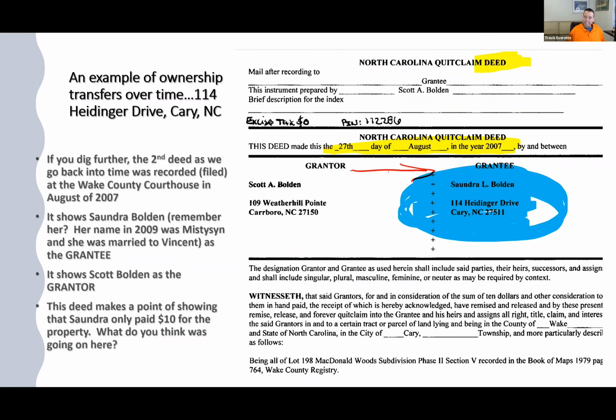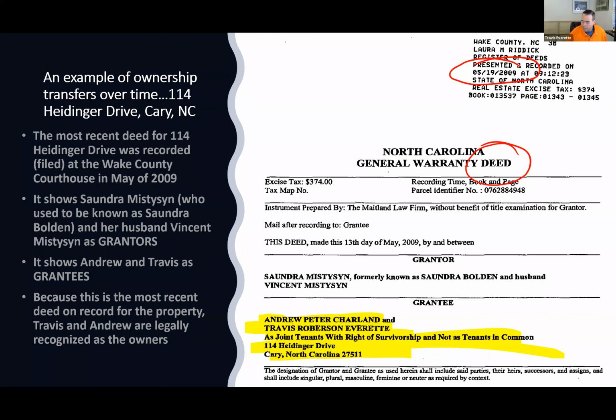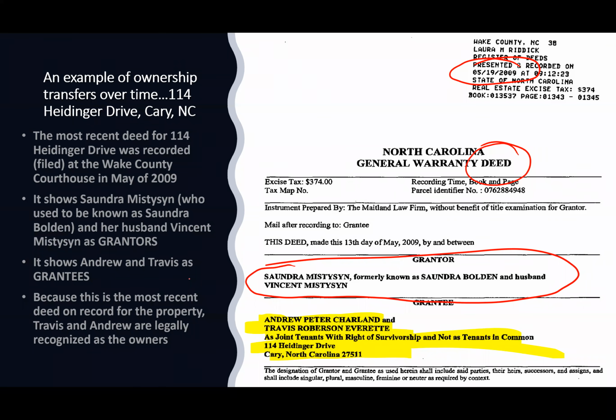But wait a minute, that doesn't make sense. Go back and look at this deed from 2009. Look right here at who the grantor was. The grantor is not Sandra Bolden. Well, it's the same person, because they made sure we know that by saying "formerly known as Sandra Bolden." But now what's her name? Mrs. Sandra Mistison. Not only did she get divorced, folks, she's already remarried.